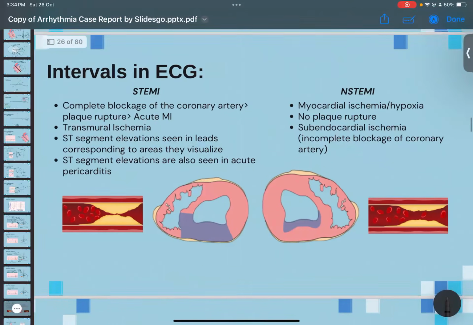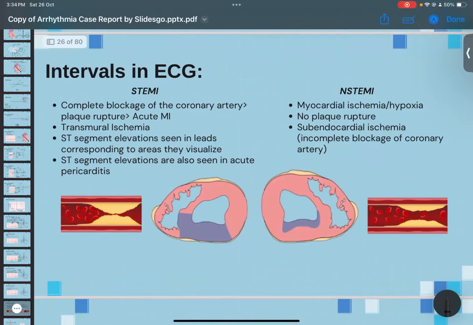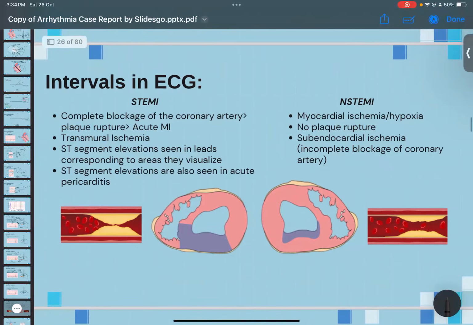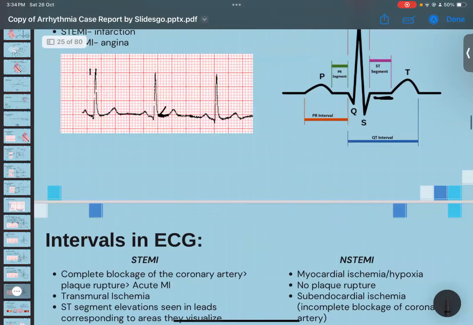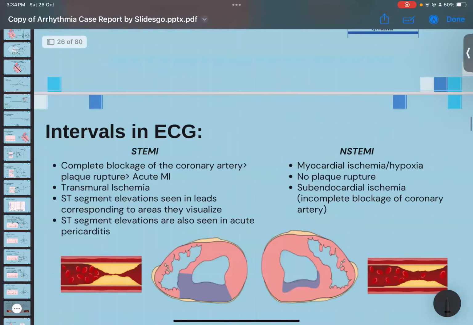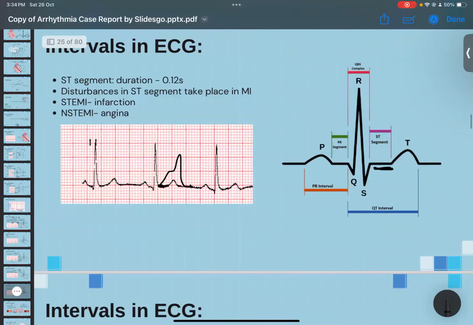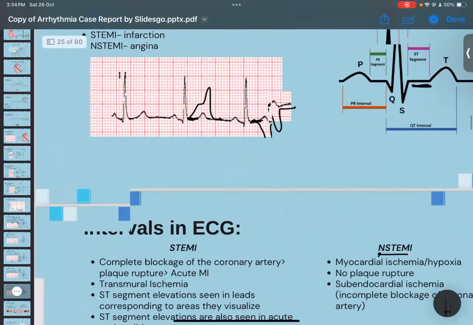So yeah, here is STEMI and NSTEMI. Now, STEMI stands for ST segment elevation myocardial infarction, which means this ST segment here is going to be markedly elevated. And NSTEMI is non-ST segment elevation myocardial infarction, so the ST segment here is usually going to be depressed or not elevated.